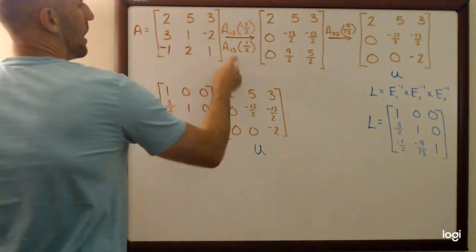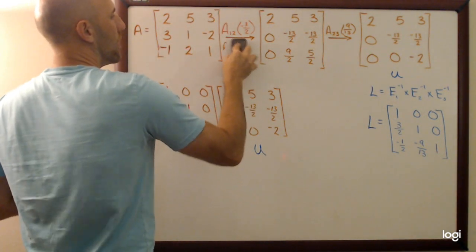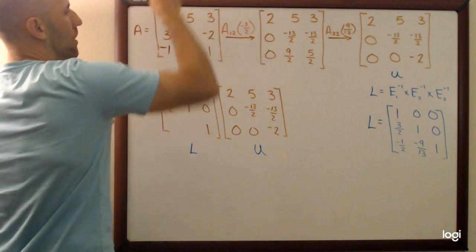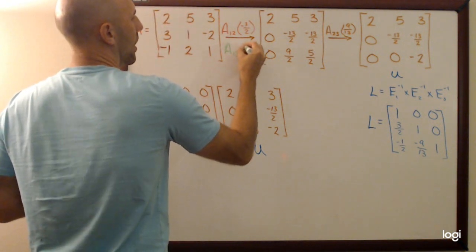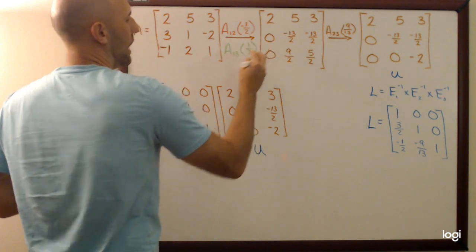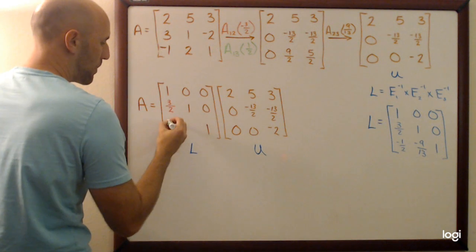This one, A13 positive 1/2, is going to put a negative 1/2, again changing the sign, in the 3-1 position.